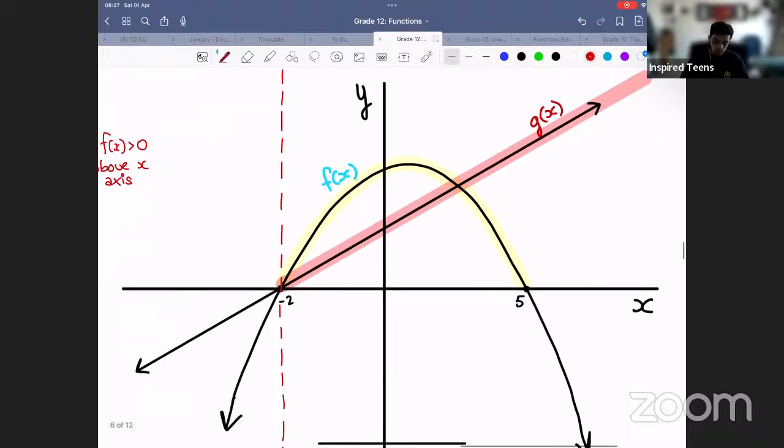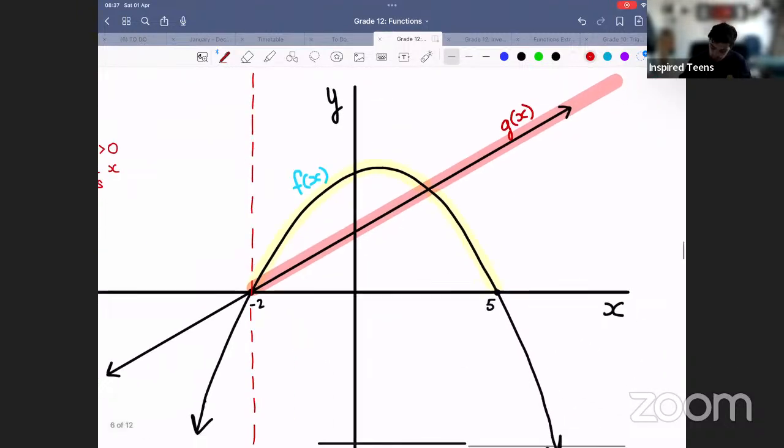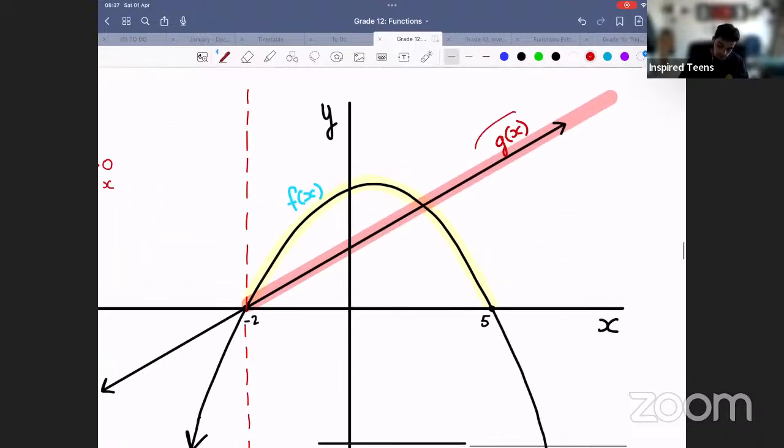Okay. Now, what's the most left value for g of x? This is g of x. What's the most left value for g of x for its highlighted part, the red highlighted part? Okay, correct, -2 as well. So they share the same minimum values.